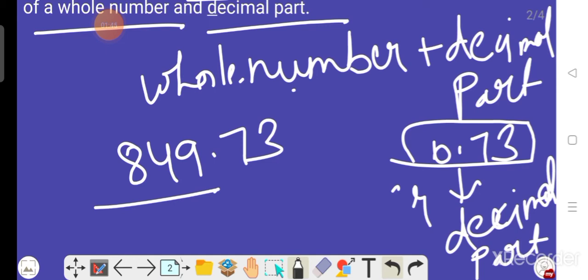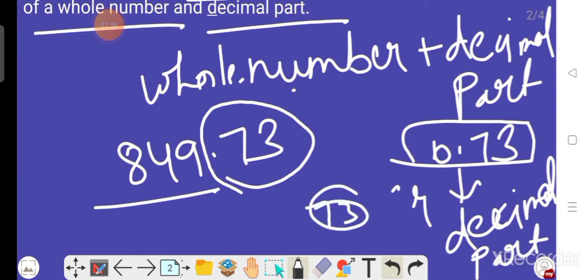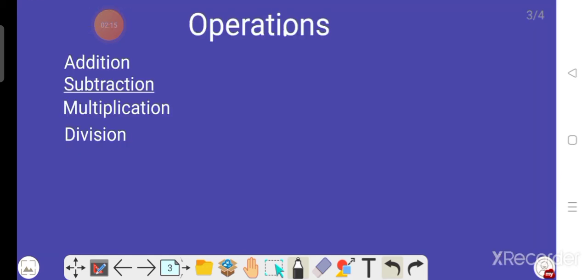Okay, but to read the decimal part we have to read the numbers digit by digit. We do not read this as seventy-three, we read this number as seven, three. Clear?